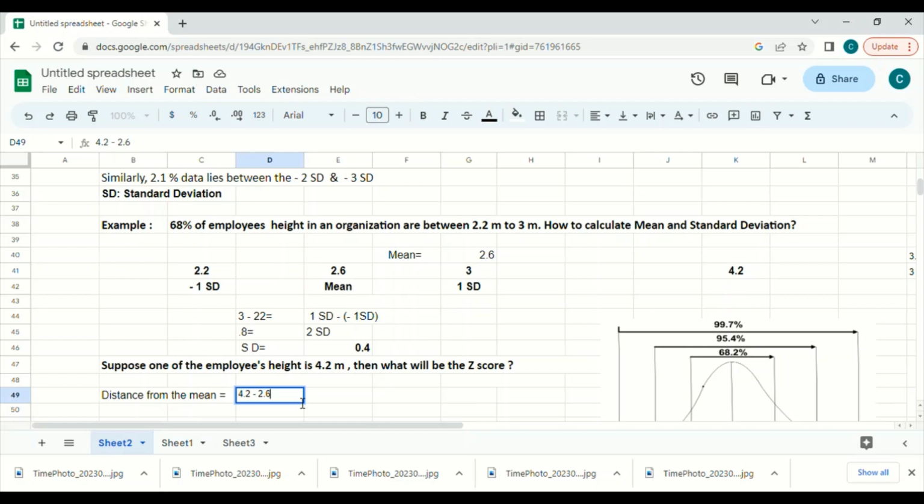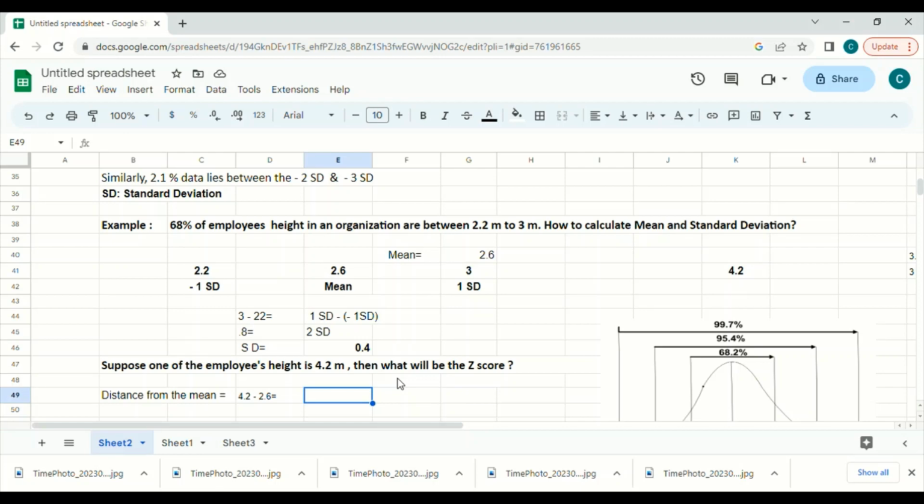And we don't know how many standard deviations will be there between 2.6 meter to 4.2 meter. So let's say there are n number of standard deviations between 2.6 meter to 4.2 meter.